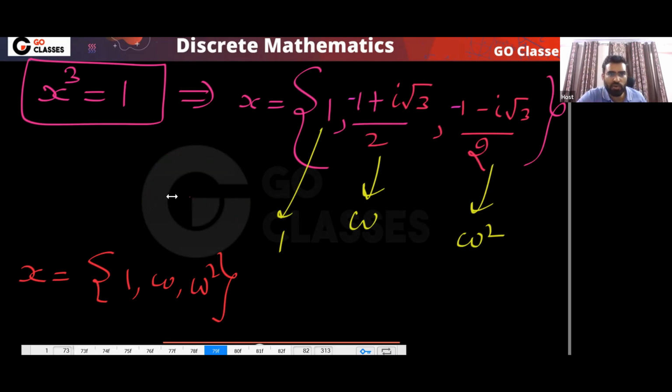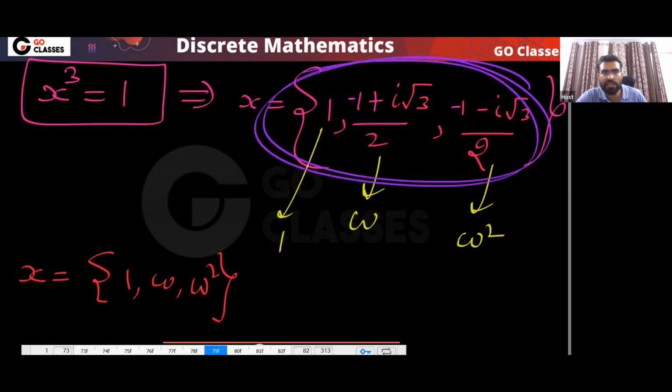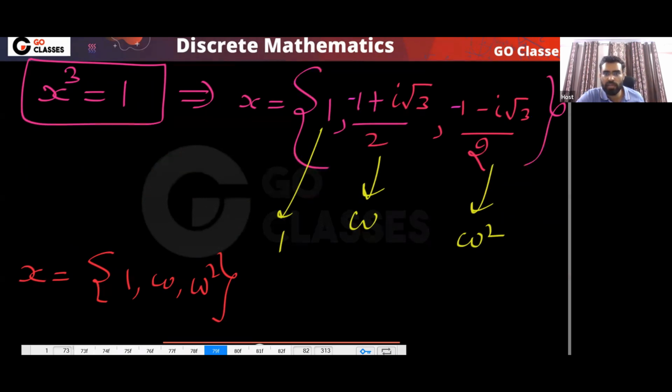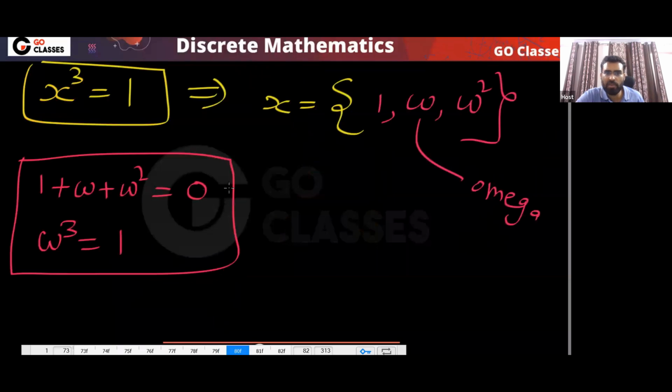If you add all of them, you will get 0. You can check it out, it is very simple. So 1 plus omega plus omega square will be 0, and omega cube will be 1.